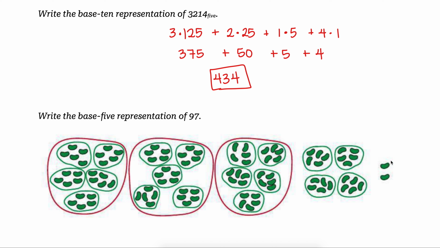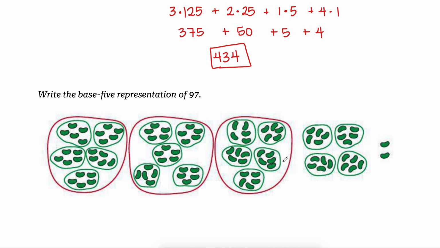Now, with the base 5 system, we have the ones place, the 5s place, and then there's the 25s place. The 25s place are 5 5s. So here in the red circle, I have one group of 5 5s, a second group of 5 5s, and a third group of 5 5s. So in my 25s place, I have 3 25s.